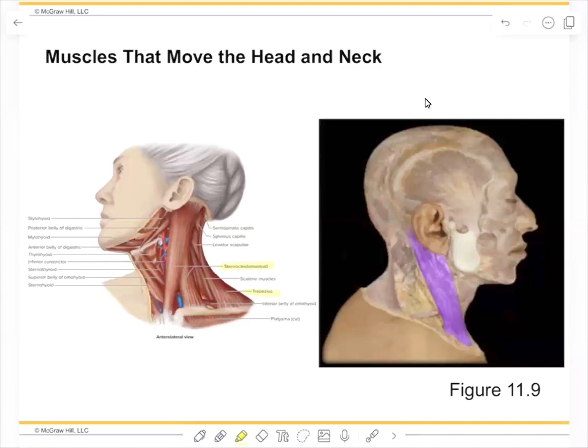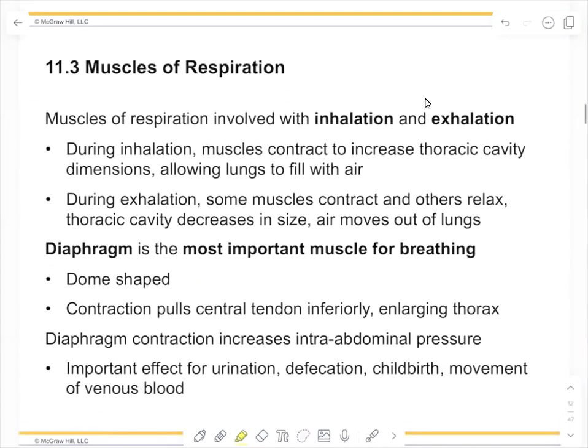The next group of muscles is the muscles of breathing or respiration. These would be muscles involved with inhalation and exhalation. During inhalation, the muscles contract to increase the volume of the thoracic cavity, allowing air to flow into the lungs. During exhalation, some muscles contract and others relax, so the thoracic cavity decreases in size.